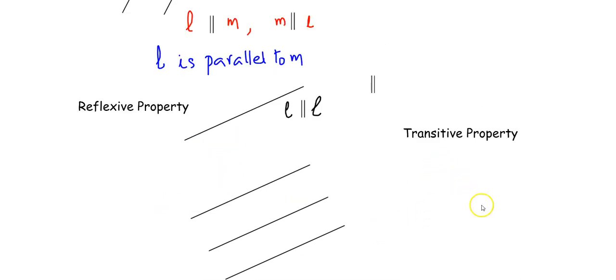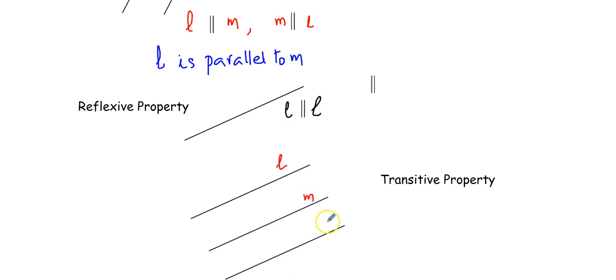Now the third one is the transitive property, where we consider three lines. Let me call the first line L, the second M, and the third N. Given the line L is parallel to M, and the next pair of lines, M is parallel to N, then what happens?